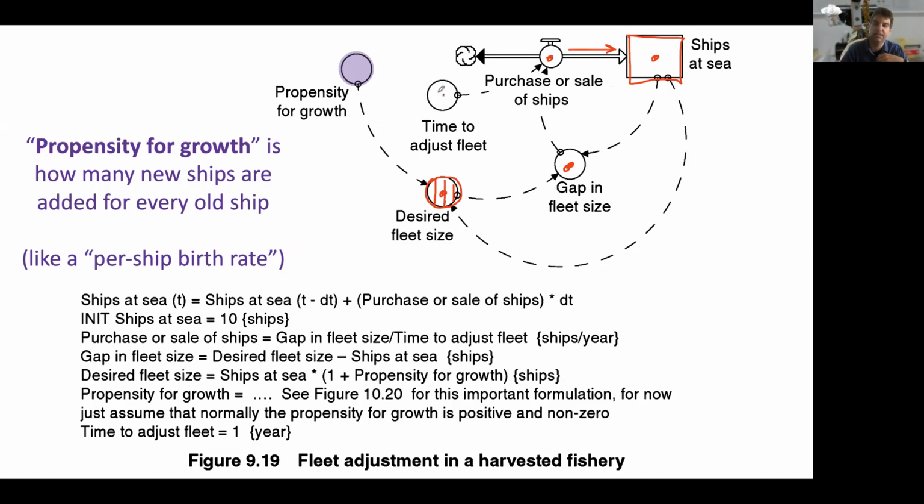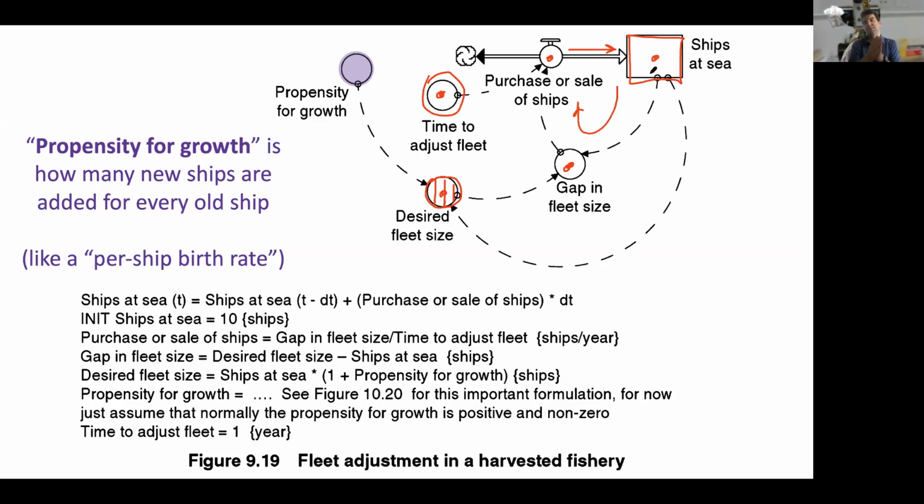And so you get a time constant for this system. Basically this loop right here represents a type of first order smoothing delay with this time constant. So this is just like the toilet tank model that's been built in here. If we just left it at that, then whatever you set the desired fleet size at, just like the toilet tank, it would come up to that desired fleet size and sit there like a constant. So it'd basically be a parameter.